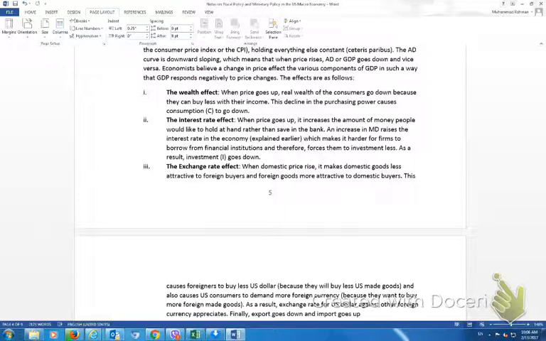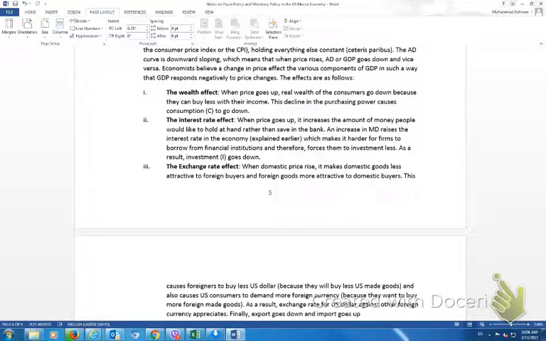This will have two effects. First of all, foreign buyers would be less willing to buy your goods, and your domestic consumers will be more willing to buy foreign goods. Okay, you can see immediately that whenever price goes up, exports are going to go down, imports are going to go up. Let's analyze that a little bit more.